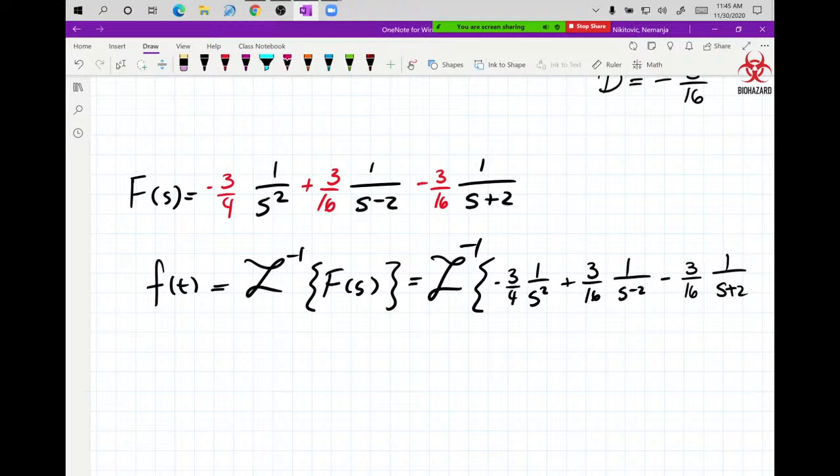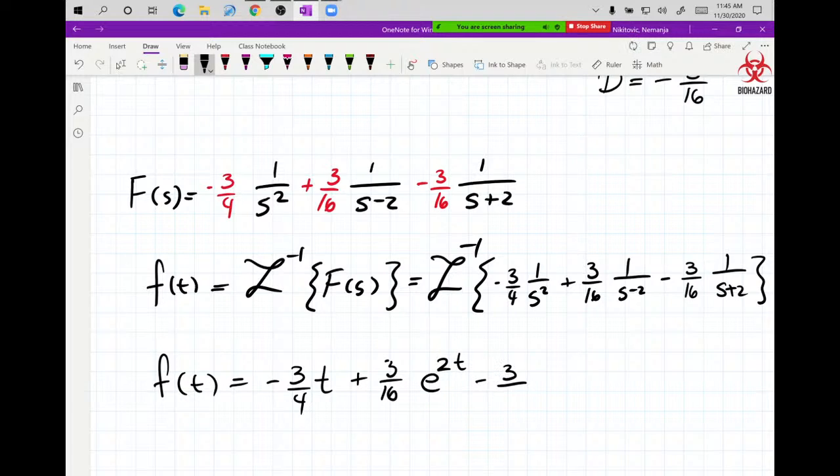And when you now apply the chart, the table for the inverse Laplace, we said 1/s squared is just t. So that's negative 3/4 t plus 3/16 e to the positive 2t minus 3/16 e to the negative 2t.